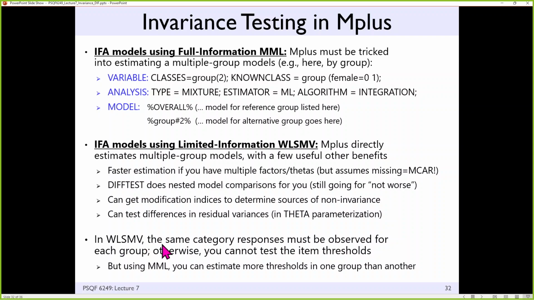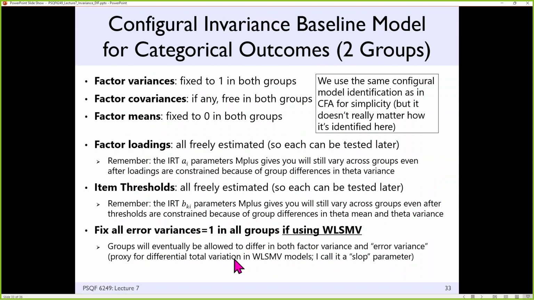It will yell at you if you have different possibilities. Using full information, you can actually have differences across groups. And I do have some code that I had to work up for this if anyone's in that situation and wants to see an example. So you would have to make sure that the thresholds are still mapped in terms of which one goes with which, but otherwise it is possible to have different numbers of response categories be used across groups.